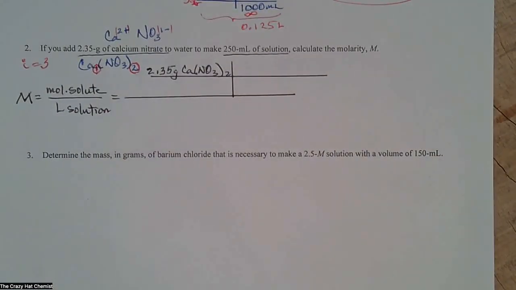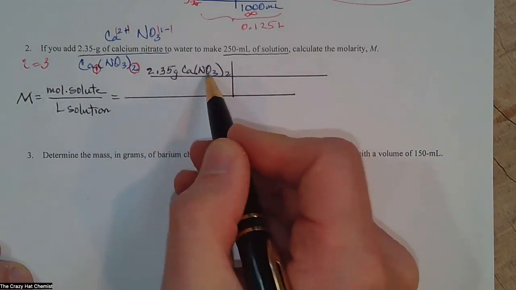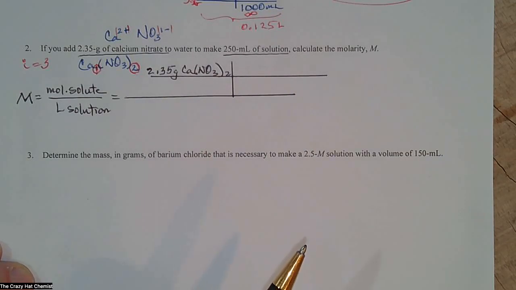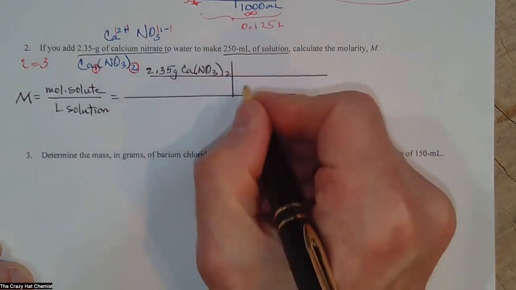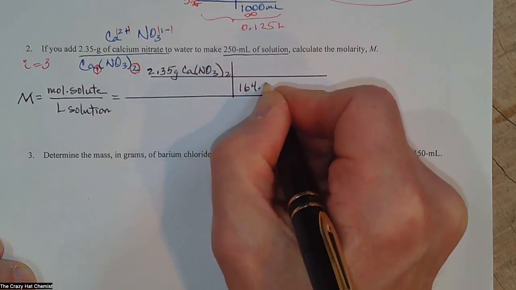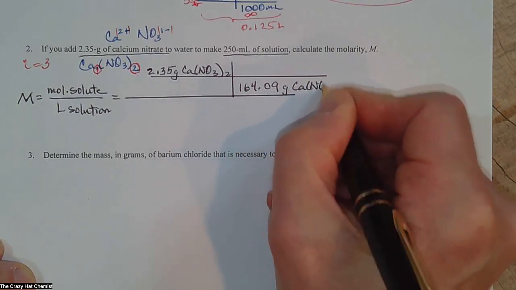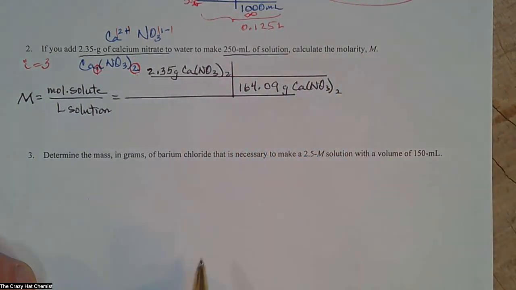So hopefully you have that familiar to you, and we're going to have 1 calcium, 2 nitrogens, and 6 oxygens, and then we're going to get a molar mass with the fewest number of decimal places of the calcium, the nitrogen, and the oxygen. Calcium and oxygen both have 2, nitrogen has 3 decimal places, so I will have 2 decimal places for my molar mass for calcium nitrate, and that is 164.09 grams Ca(NO3)2, and that's the molar mass for calcium nitrate.